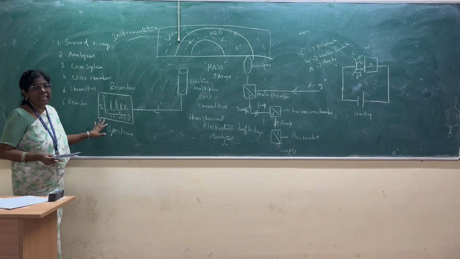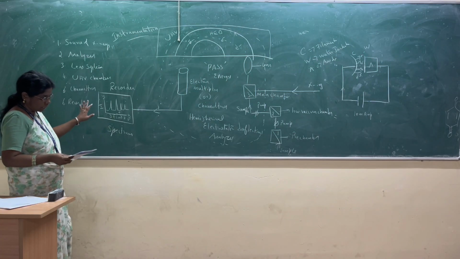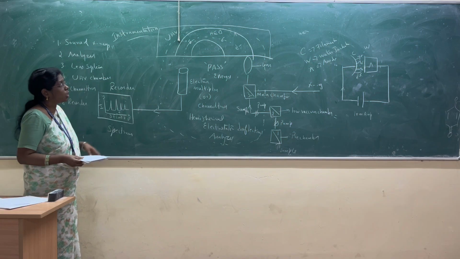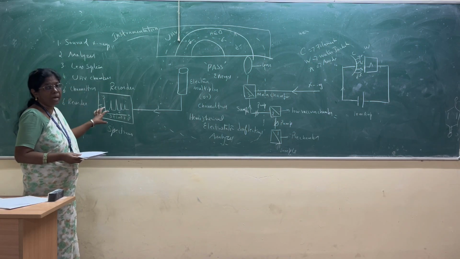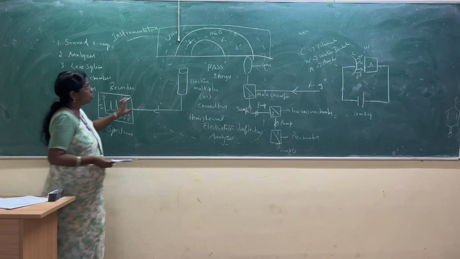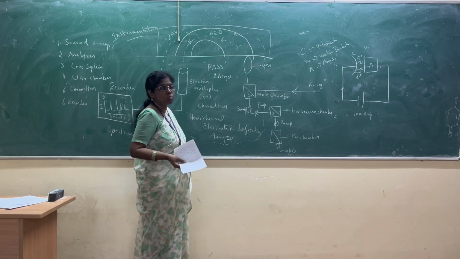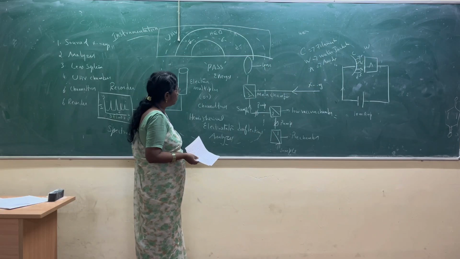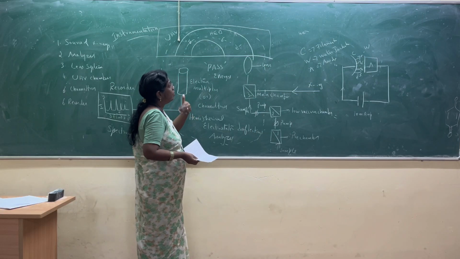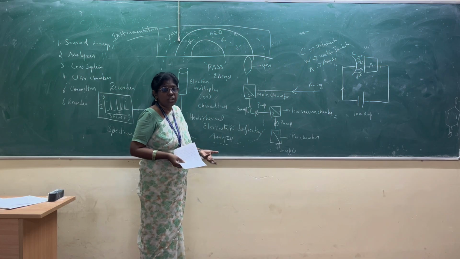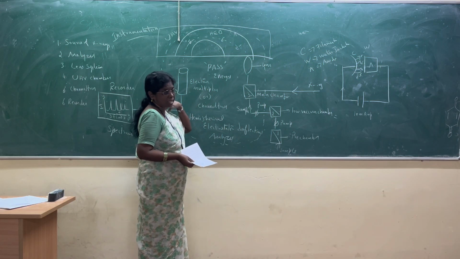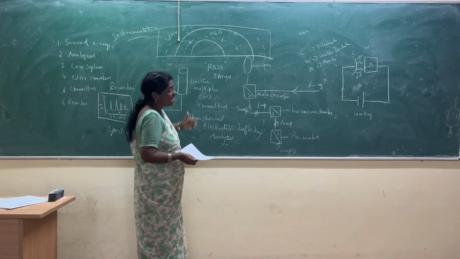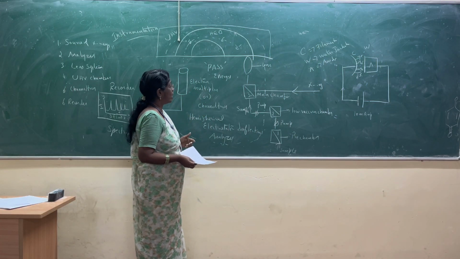Then only we can get the intense peak, because the resolution is directly proportional to the intensity of the peak obtained in the spectra. So to slow down the movement of the electron, we require some amount of energy. That energy is called the pass energy, for decelerating and slowing down the photoelectrons.